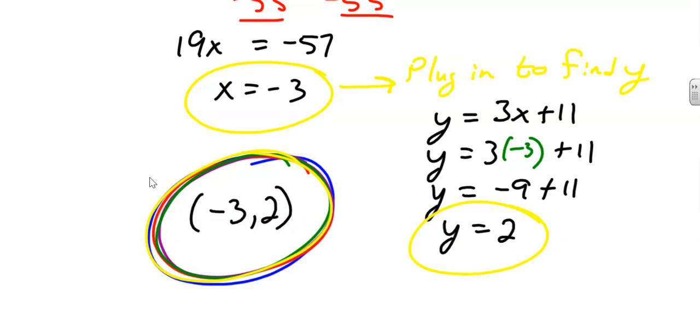All right, number 10. Same type problem, but on number 10, they tell you not to do substitution. They just tell you just to solve it.